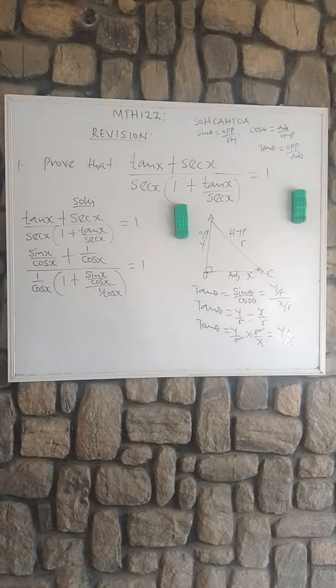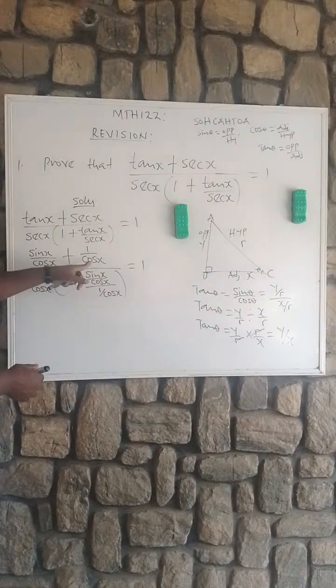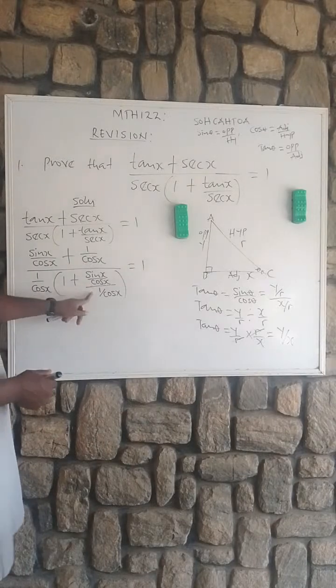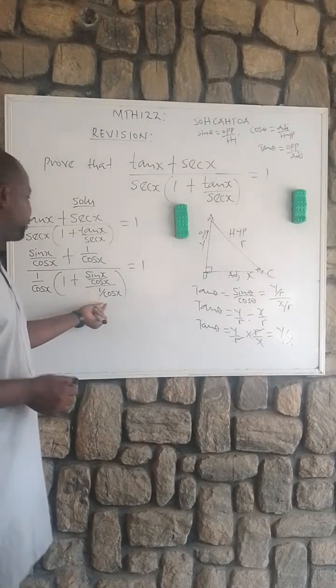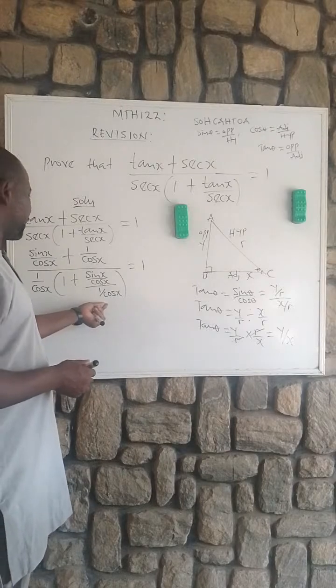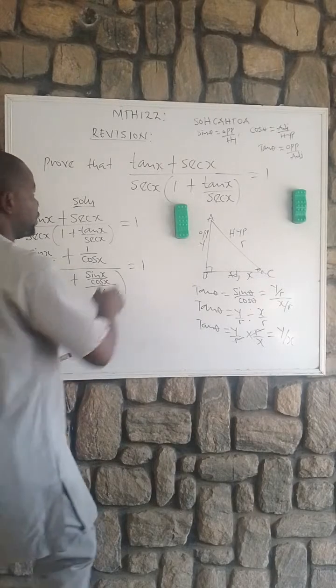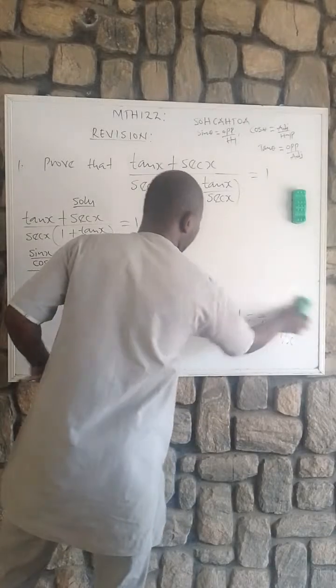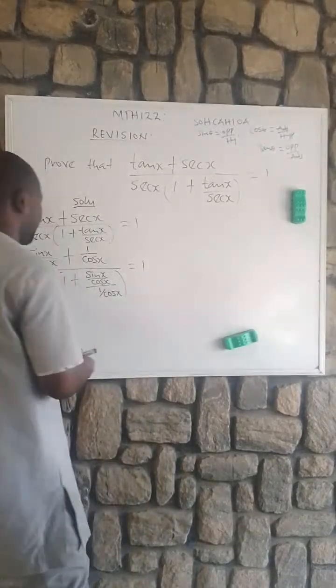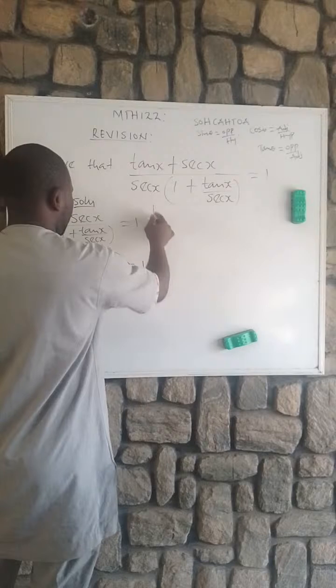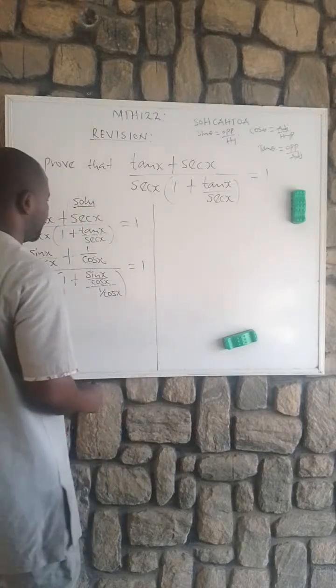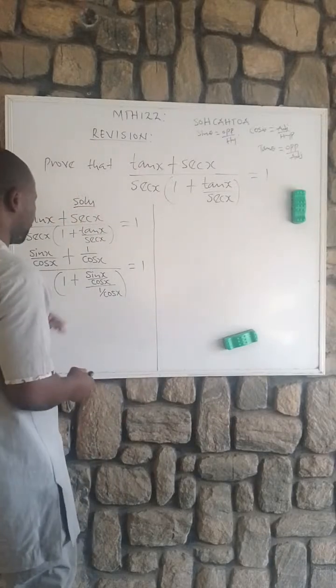So what we need to do here is sin x all over cos x plus, let's consider this bracket first. If I were you, try and get a place like this in your rough.